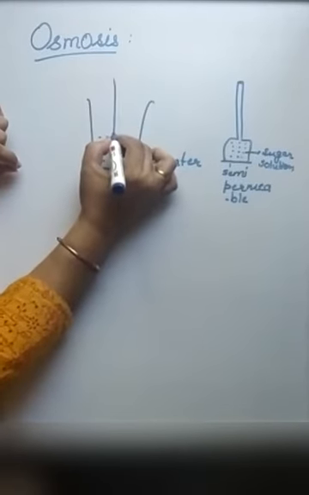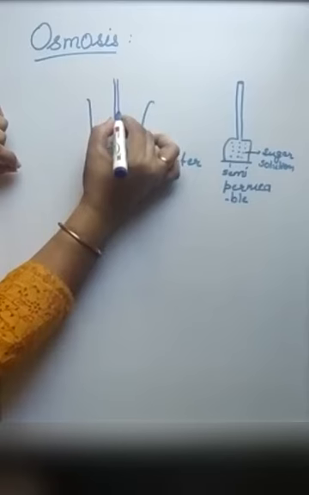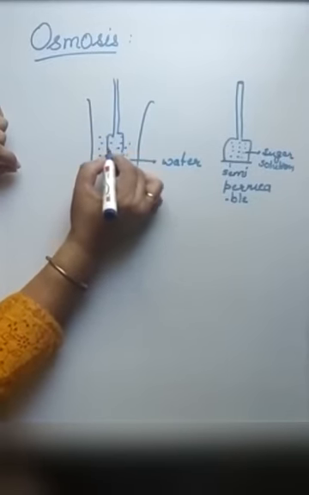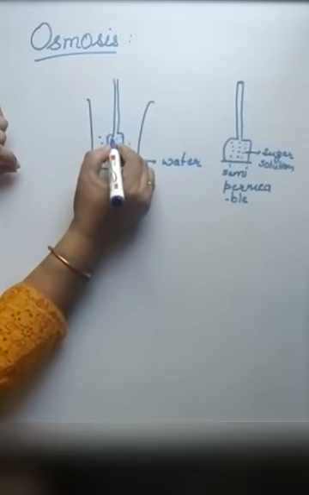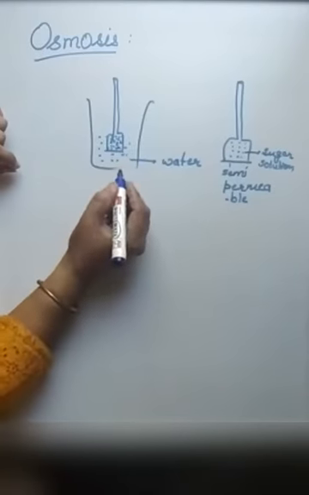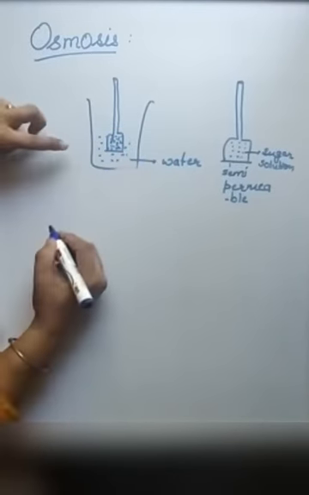Let's see. We have inverted this thistle funnel containing sugar solution and fixed with semi-permeable membrane.